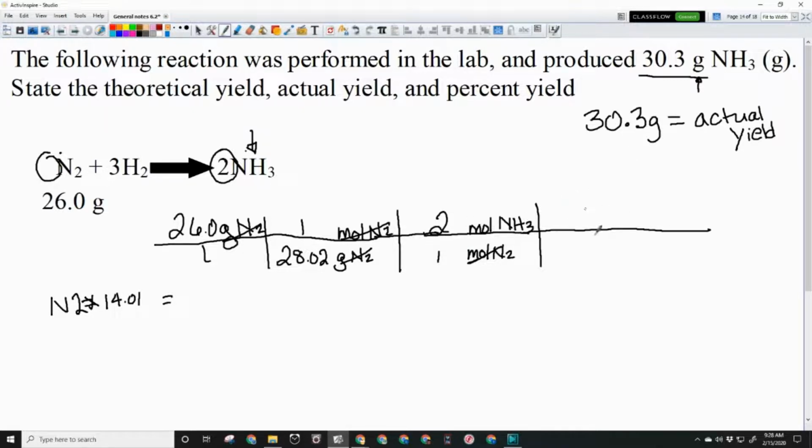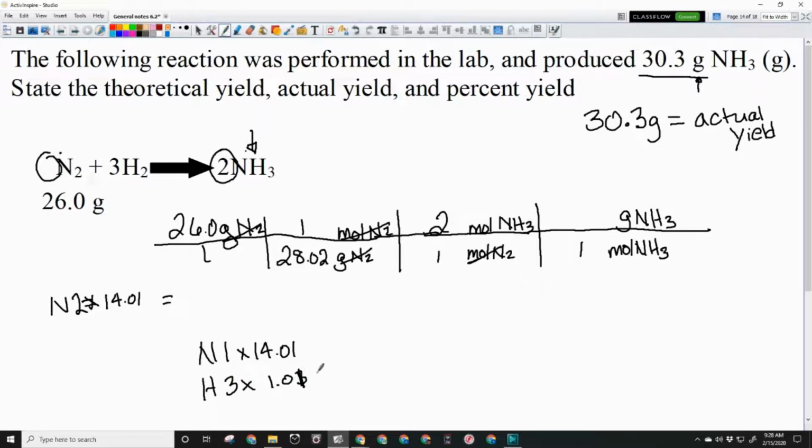So we need to convert it to grams of NH3. So we want to get rid of moles of NH3 and convert that to grams of NH3. Okay, so what's the molar mass? 1 mole is equal to, well, we have N at 14.01. There's only 1 mole of this. And we have hydrogen, 3 moles times 1.01.